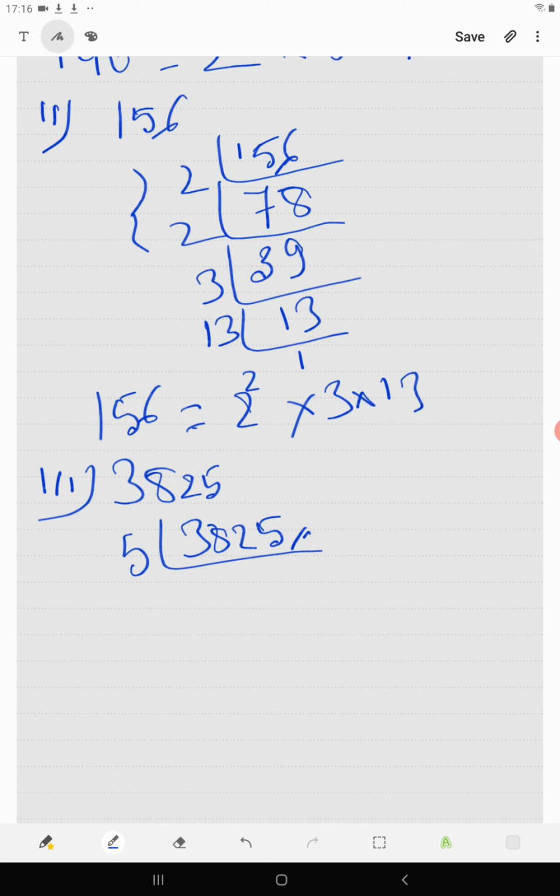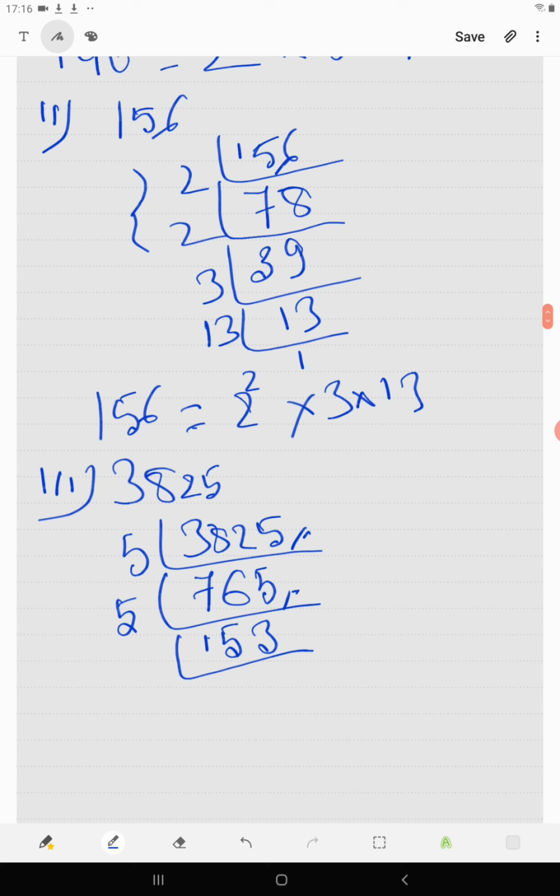Since 5 is there, it will definitely go by 5. 5 times 765 is 3825. Now 5 again, because 5 is there: 5 times 153 is 765.